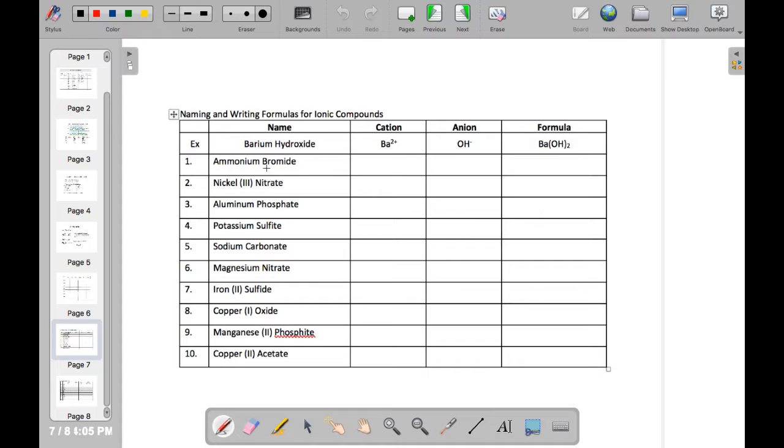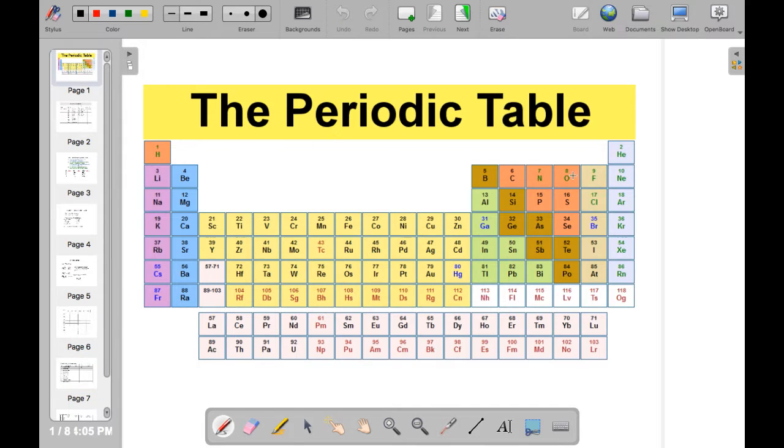We have some names of ionic compounds. I generally like to start with the anions. So we see bromide here, and that comes from bromine, which is a Br. If I don't know that, I can just go back and look at the periodic table.